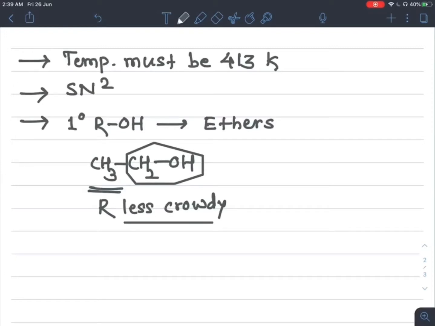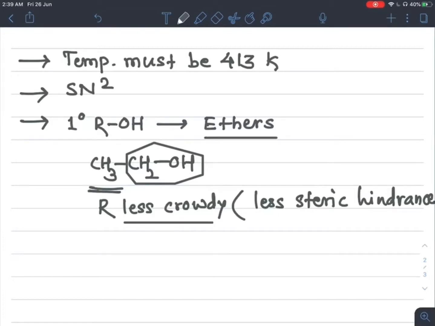That is also called less steric hindrance. Less steric hindrance is important for the production of ethers. So this is the most important point.